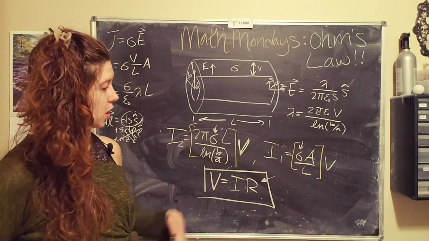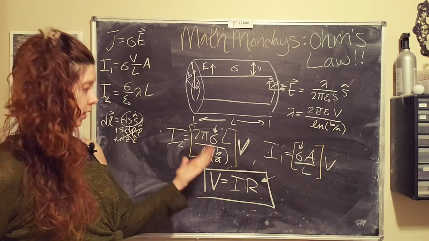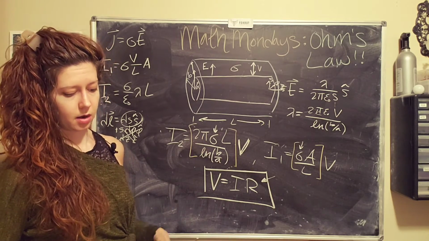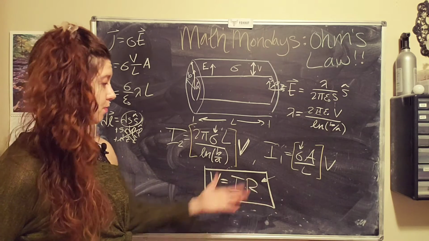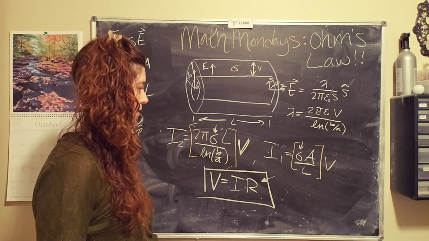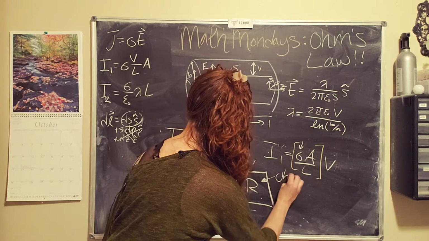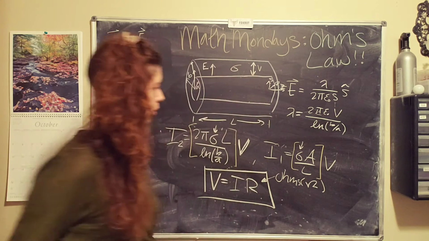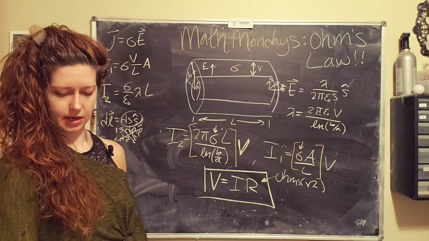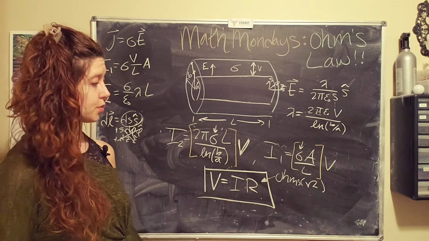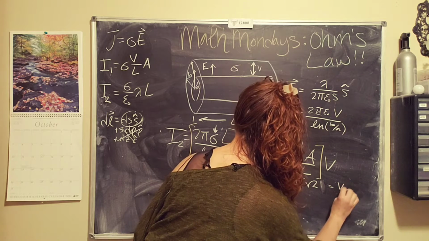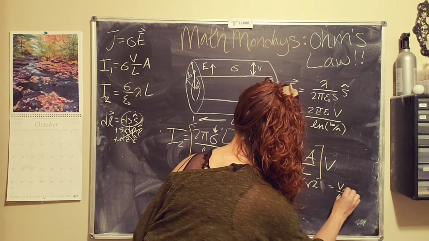So what we know about resistance is that, like I said, it's a function of geometry and the material properties. And it's basically been set to be measured in ohms, with this fun symbol. And it is volt per ampere.